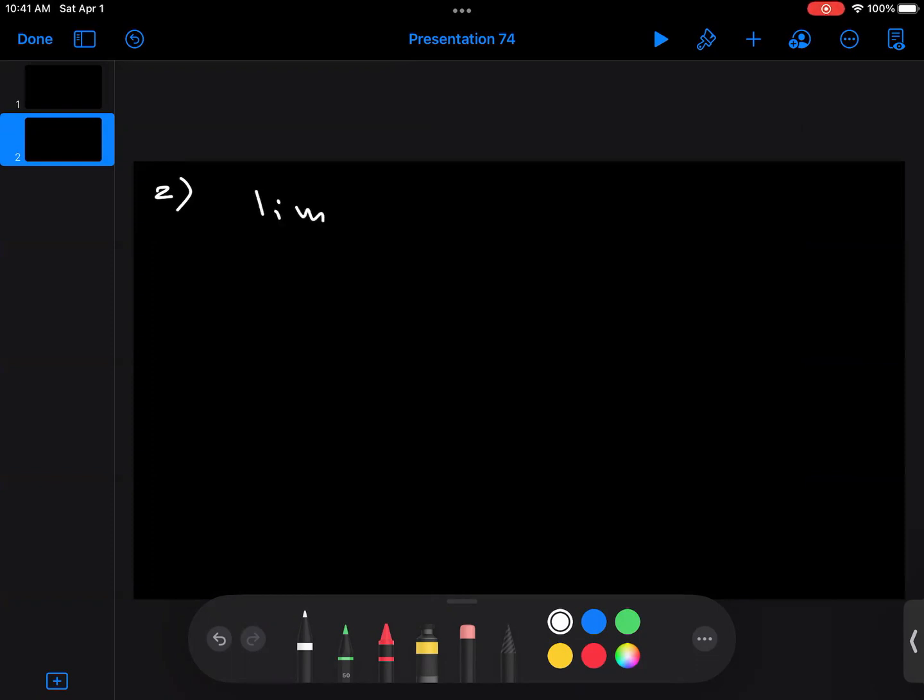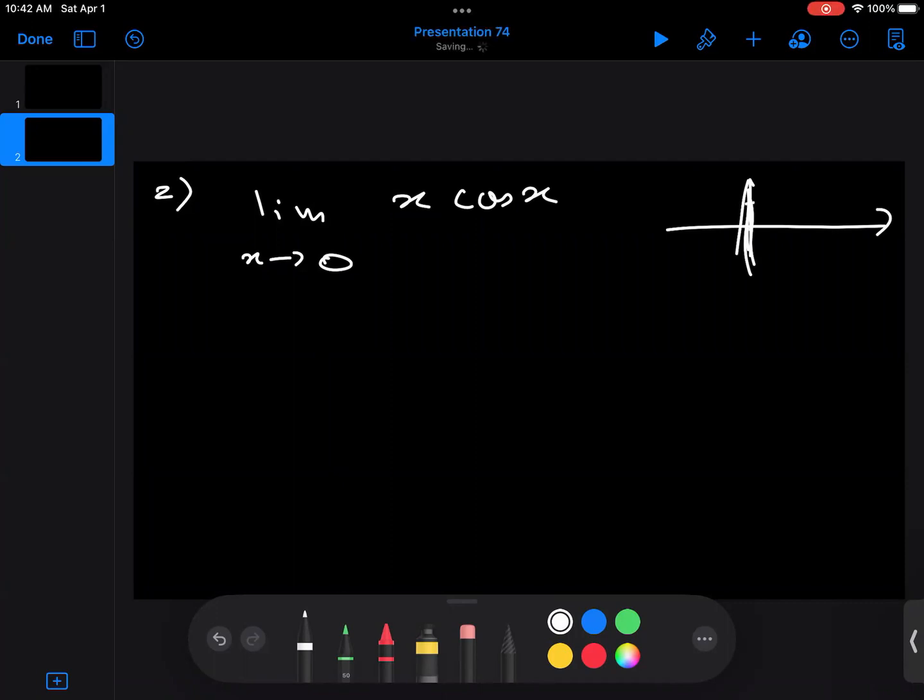All right, this one is actually easier. If I want to compute the limit when x converges to 0 of x times cosine of x, cosine of x is a periodic function which you can roughly represent by cos of 0 equals 1, and then it decreases and goes like that.